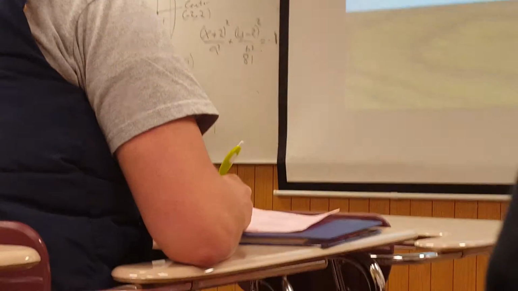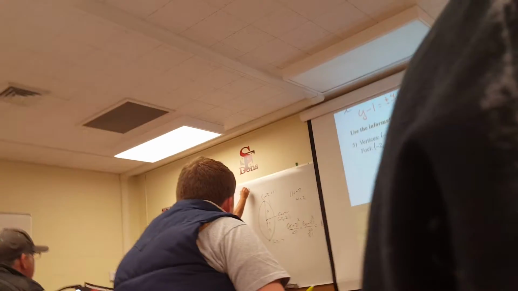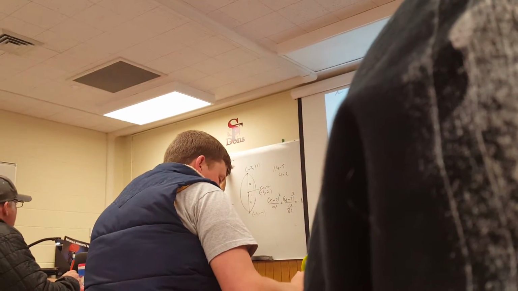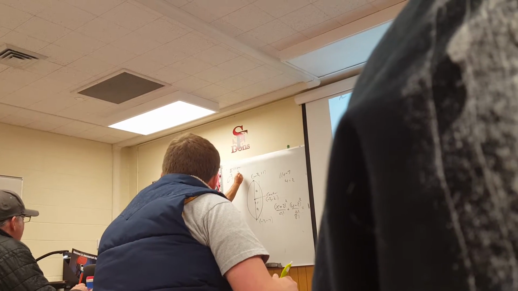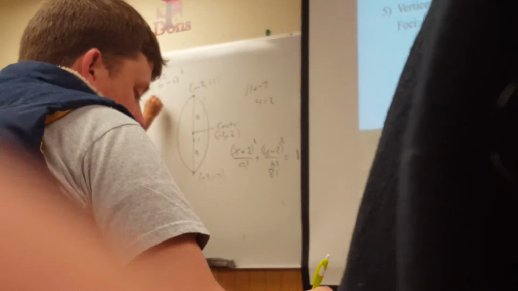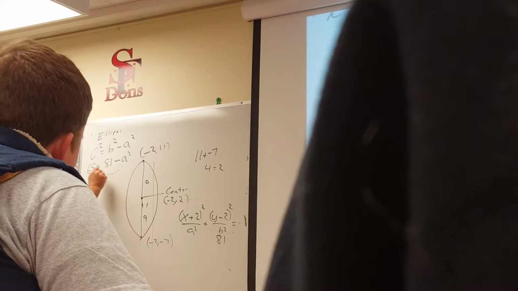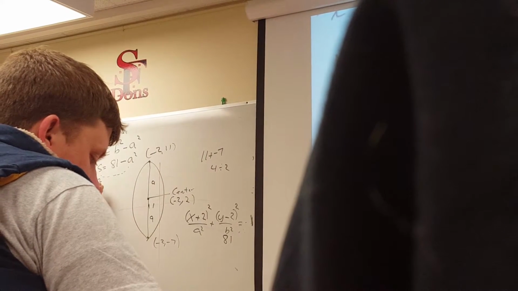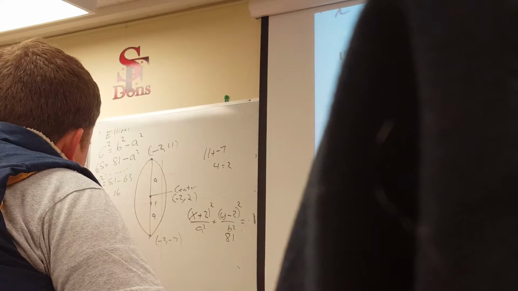Now remember, in an ellipse, C squared equals, now this one, it would be B squared minus A squared. So 65 equals 81 minus A squared. Change places here. A squared is 81 minus 65, which is 16.